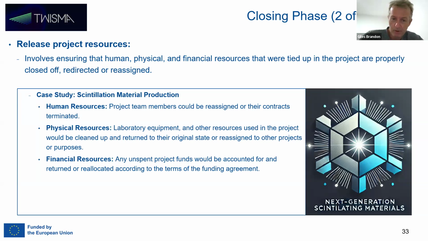Physical resources, the laboratory equipment, the manufacturing facilities we use, they all need to be returned to their original state or reassigned to other projects for other purposes. Financial resources, when we've done our final financial statements, possibly there's unspent project funds, in which case they need to be returned to the funding body.